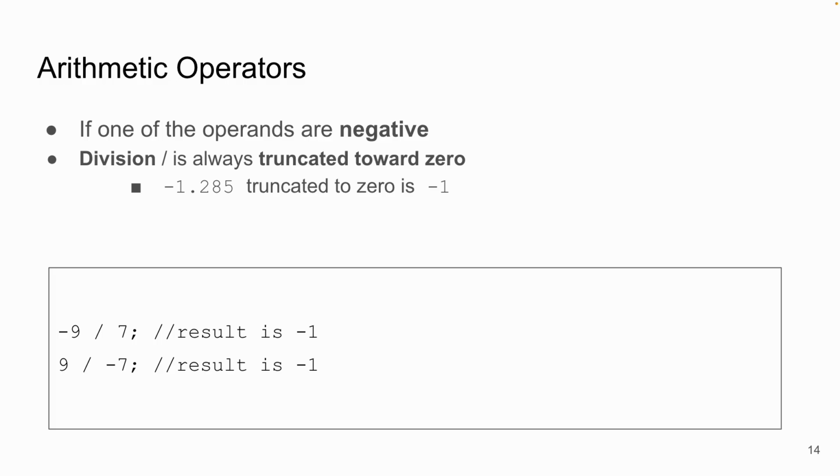So you can see it just drops the part after the decimal point to make it closer to 0. That is why the results of these two expressions are both -1, because the fractional part is dropped.